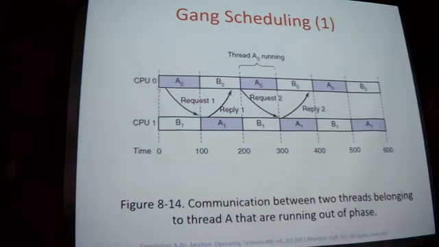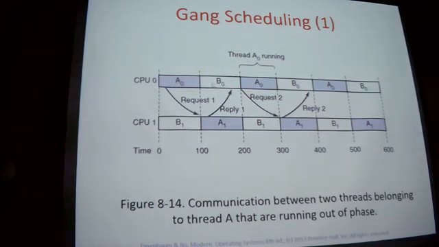For example, CPU 0 handles two threads, A0 and B0: first A0, then B0, and then A0, B0, A0, B0. Round robin. The same for CPU 1, with two threads, B1, A1, B1, A1, B1, A1, and so on.